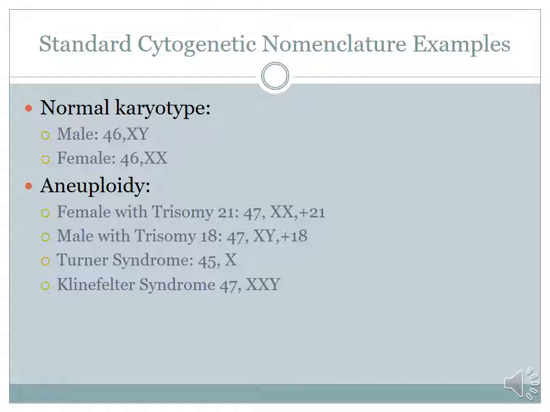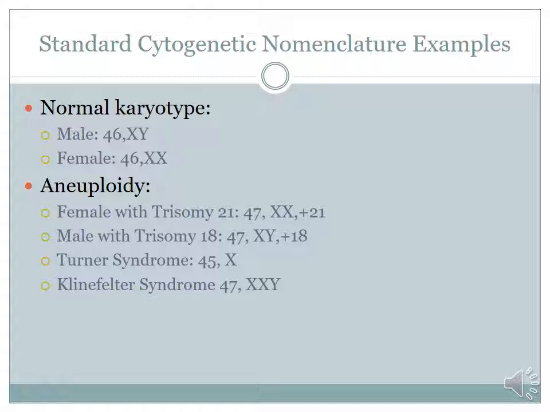For example, a normal karyotype for a male is 46,XY. For a female it is 46,XX. For aneuploidy, remember that is not having the proper diploid number, either too many or not enough chromosomes. A female with trisomy 21 would be 47,XX,+21.